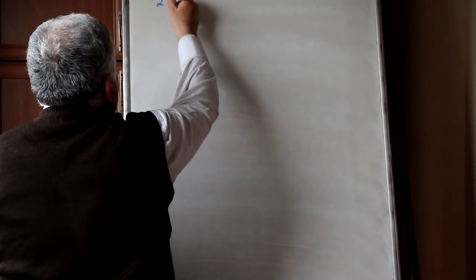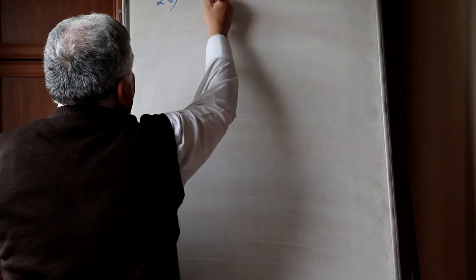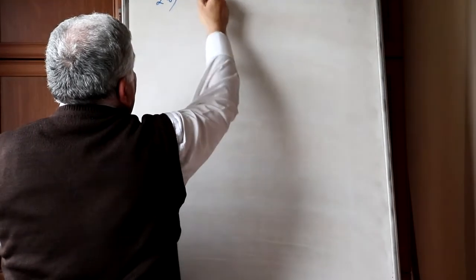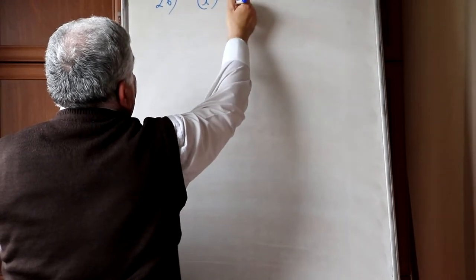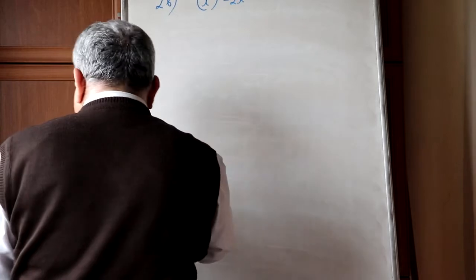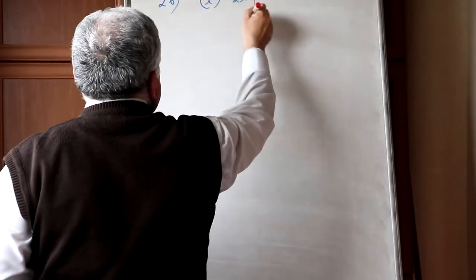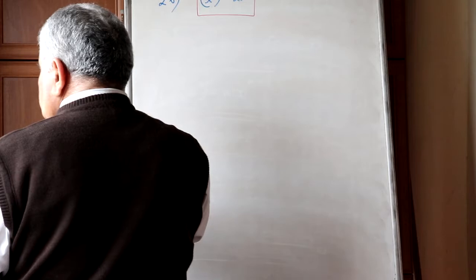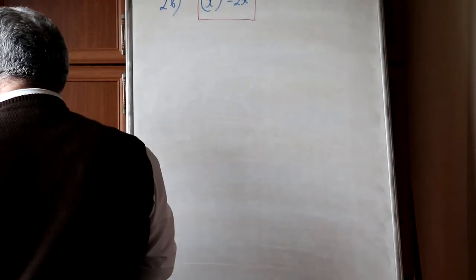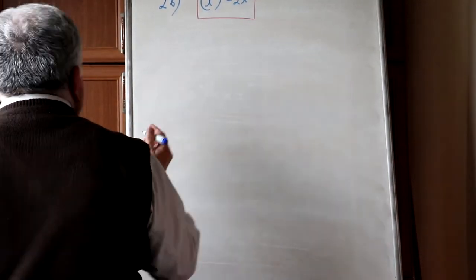Then consider the second particular case for the power function derivative, 2b. X squared prime is 2x. We can prove this formula by the general formula of power function derivative.